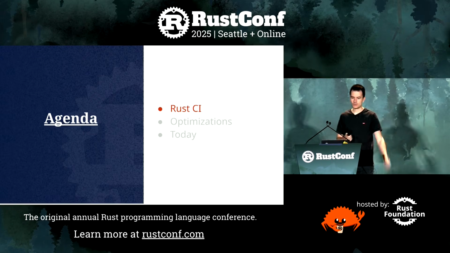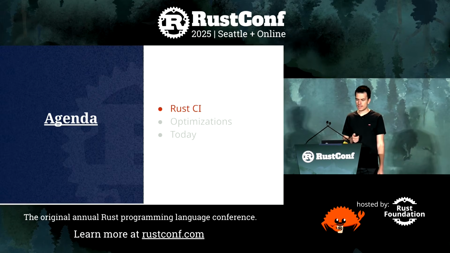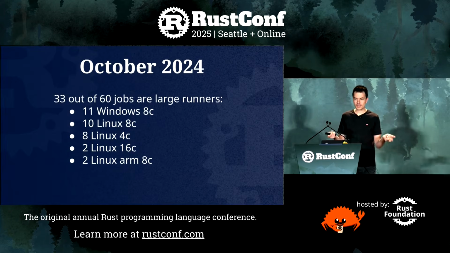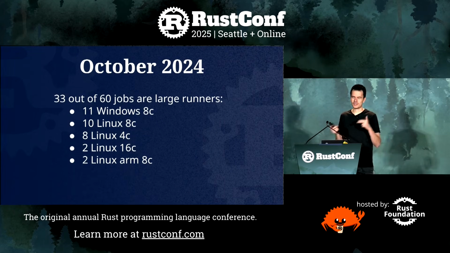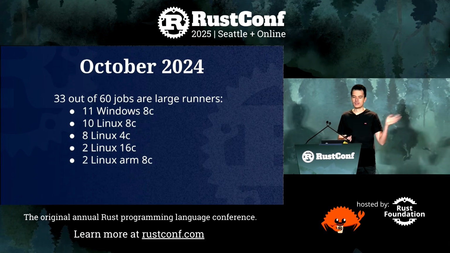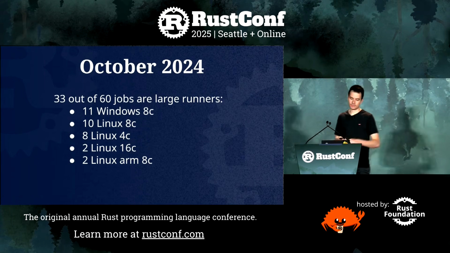After this introduction of the Rust CI, let's see what optimizations we did. When we started, 33 out of 60 jobs were running on large runners. For example, we had 11 runners that are Windows 8 core, 10 Linux 8 core, and so on.